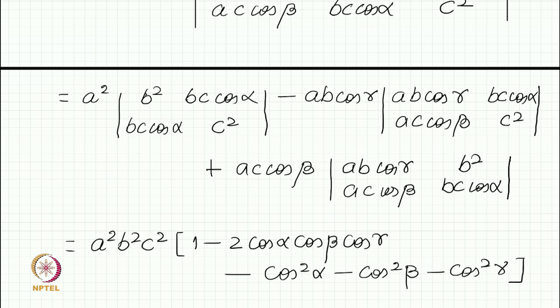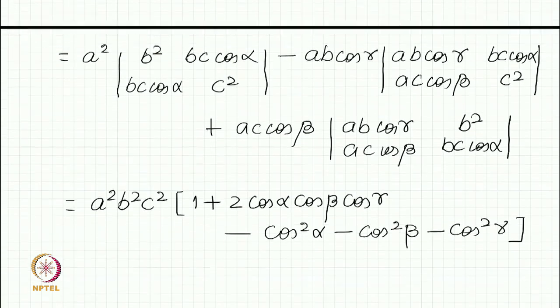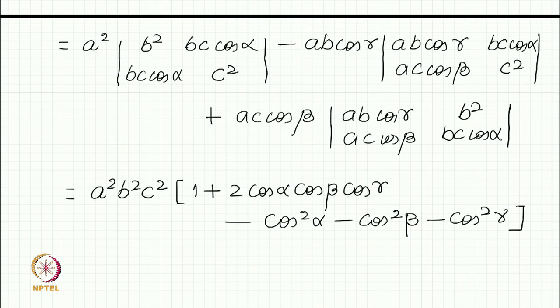You have to check my plus or minus signs, whether I am making any mistake. Cos alpha, cos beta, cos gamma, that one is plus. This one is plus? Yeah. Okay. So, in the end the formula does not turn out to be all that bad.